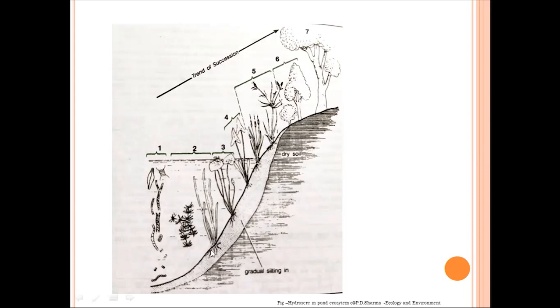Then there is the rooted submerged stage, and certain plants whose leaves float on the water surface but whose roots are fixed in the soil of the pond. Then the amphibious stage, where the shoots are exposed to air but the roots are fixed in the soil. Subsequently, shrubs and trees are developed.